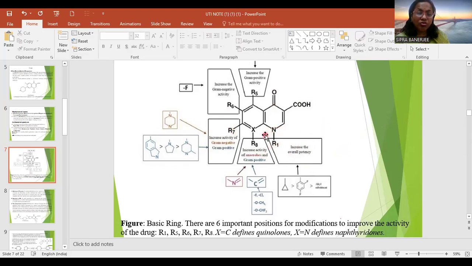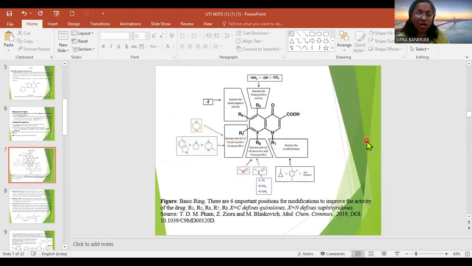Around R1, R2, the basic ring has important positions for modification to improve the activity of the drug: R1, R5, R6, R7, R8. And X defined as quinolone when X equals C, and X equals N defines the naphthyridones. Okay, these are the important examples.